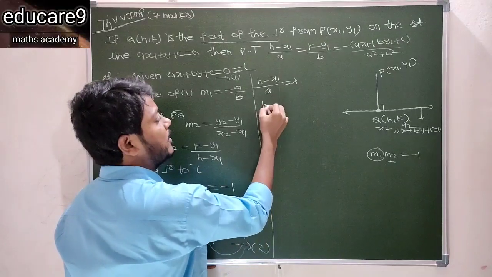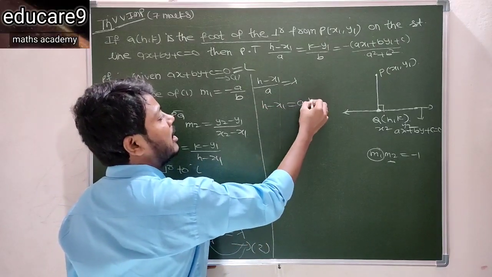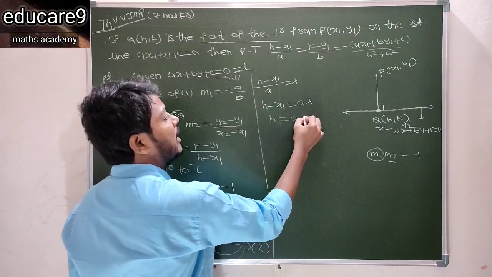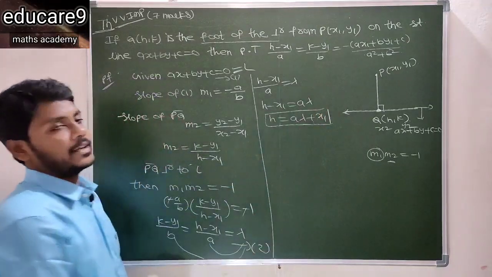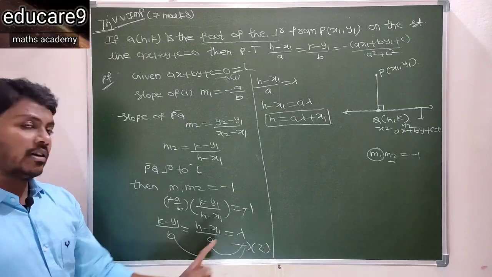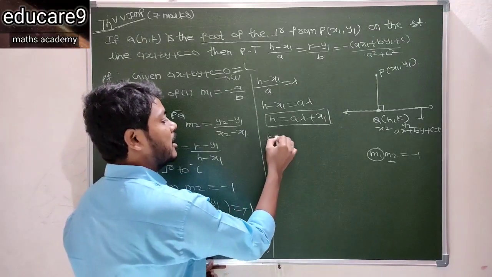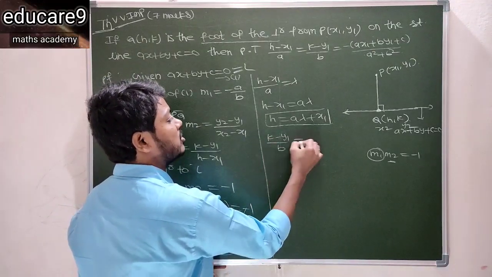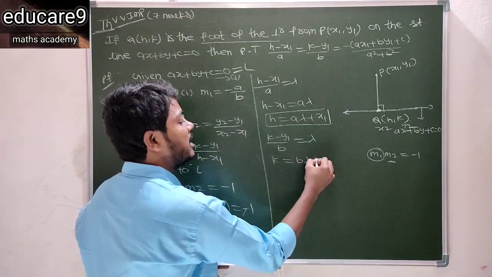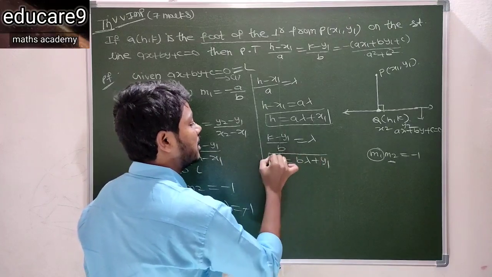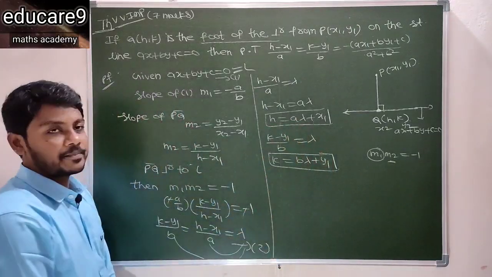So h minus x1 equals a lambda. So h equals a lambda plus x1. So this is the value of h. And equating first and last, k minus y1 by b equals lambda. So k equals b lambda plus y1. So this is the value of k.